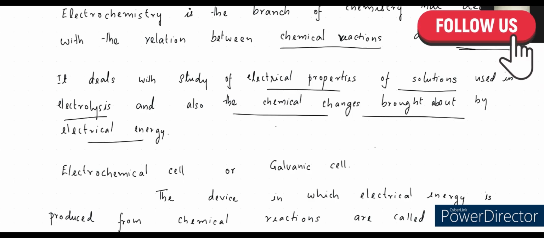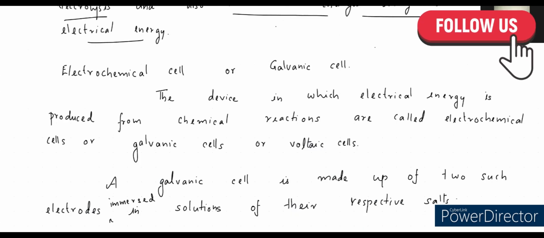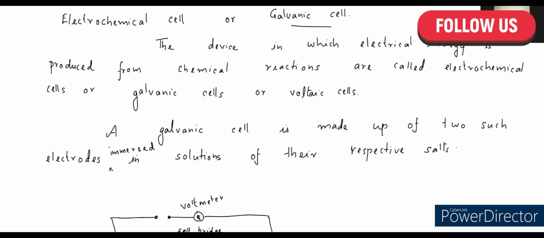In our syllabus, we need to study the construction and the working of an electrochemical cell, which is also called a galvanic cell. Now, let's see what is a galvanic cell. It's a device in which electrical energy is produced from chemical reaction.